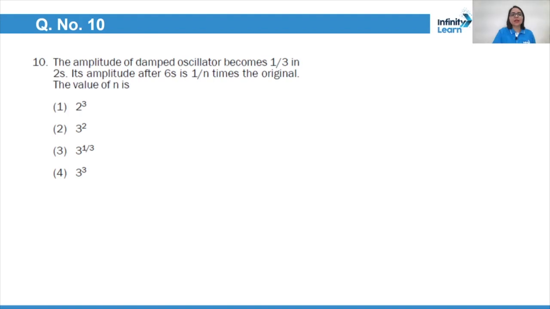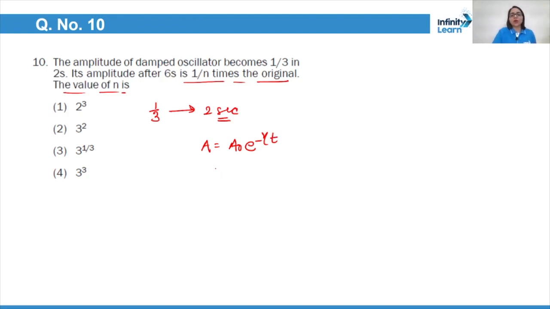Question number 10. The amplitude of a damped oscillator becomes 1 by 3 in 2 seconds. Its amplitude after 6 seconds is 1 by n times the original. The value of n is. So amplitude in damped oscillations is given by A naught e power minus gamma t, where gamma is the damping coefficient.